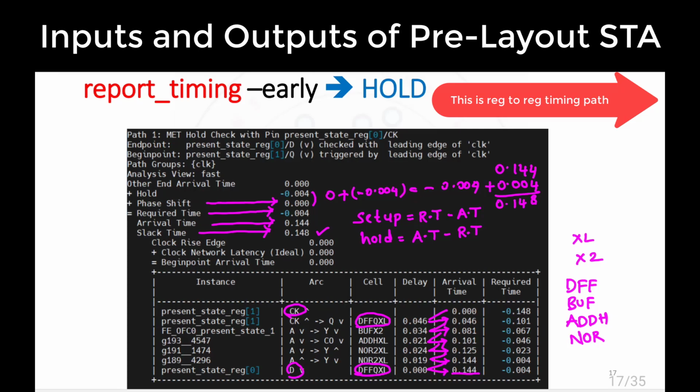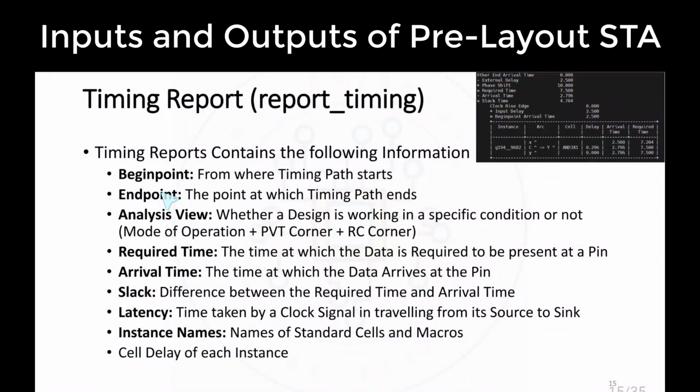For understanding purposes, I am showing you how a timing report looks in case of setup and in case of hold. As we have seen, be clear with start point, end point, analysis views, and the terminology of required time, arrival time, slack, latency, and instance names. If you want, I'll make a video on required time, arrival time, slack, and latency, so that it will be clear for you to understand.